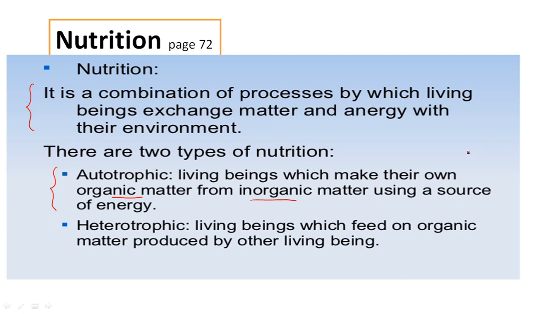You know that plants are autotrophic organisms, and their nutrition is based on a process called photosynthesis. Okay, this is our plant. So plants are autotrophic because they take inorganic substances, inorganic matter, which is water and salt.